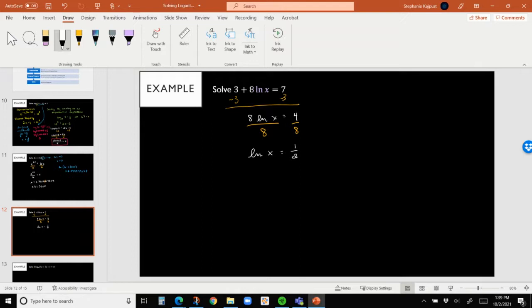So now that we've isolated that natural log, now we're going to rewrite it. So it's going to be e, because that's the base of the natural log, to the 1/2 power equals x. And that's the exact answer. And then if you want to round it, you're just going to have to put that in your calculator.